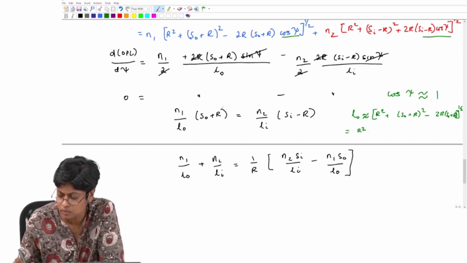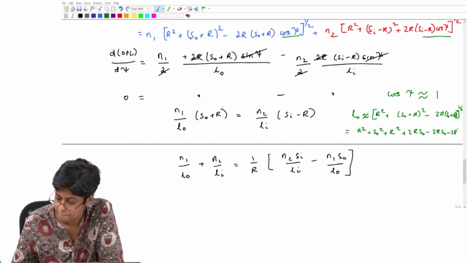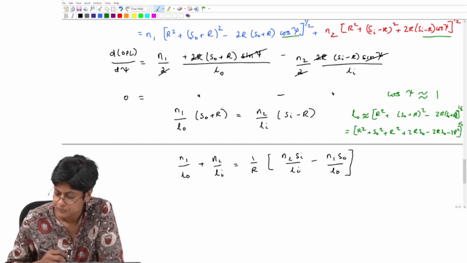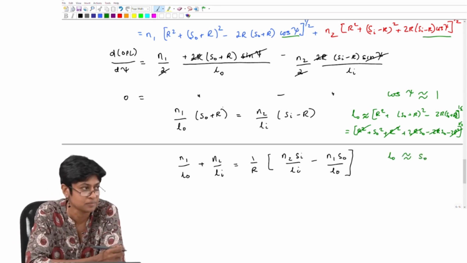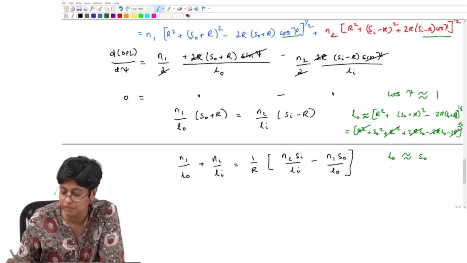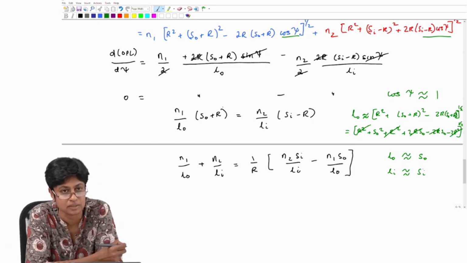I have r squared plus s naught squared, and r squared plus r squared minus 2r squared, this and this cancel, and finally my L naught is approximately equal to s naught. And of course the same will happen for Li as well, it will be approximately equal to si.